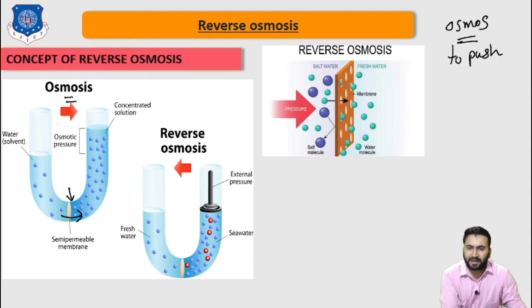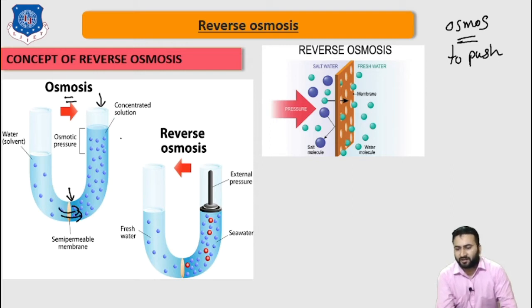Let's take a simple example to demonstrate osmosis. Let's take this beaker or this type of arrangement in which on one side there is water and on the second side there is a concentrated solution, such as water plus NaCl. Water flows from the pure side to the concentrated side because the chemical potential of pure water is higher, right?